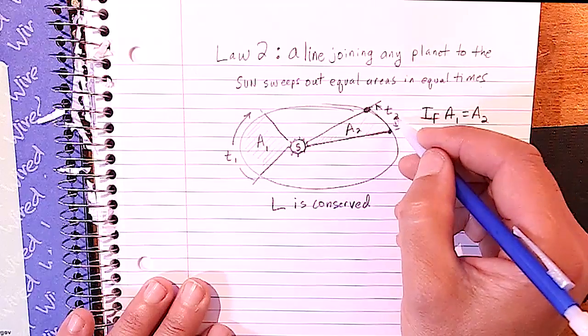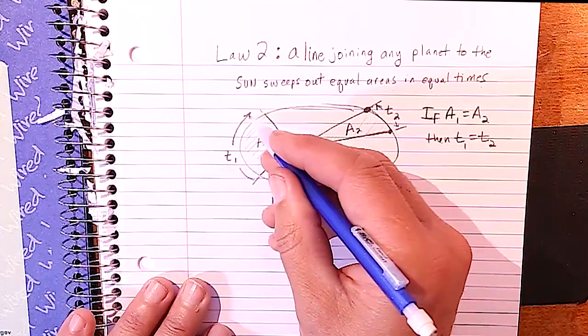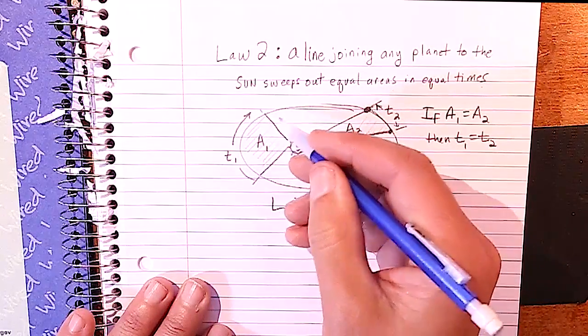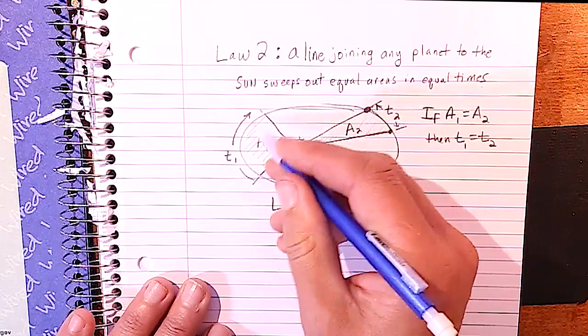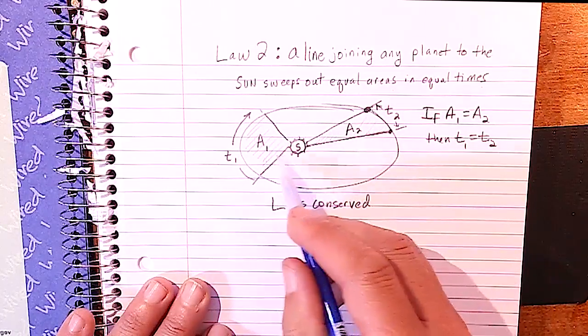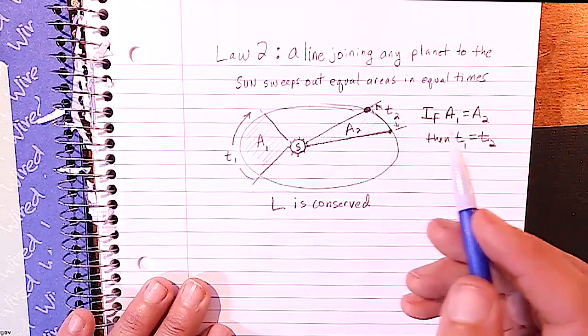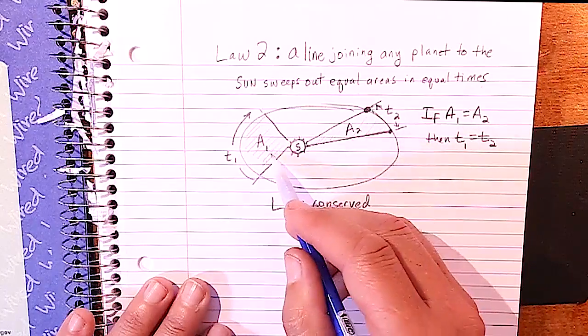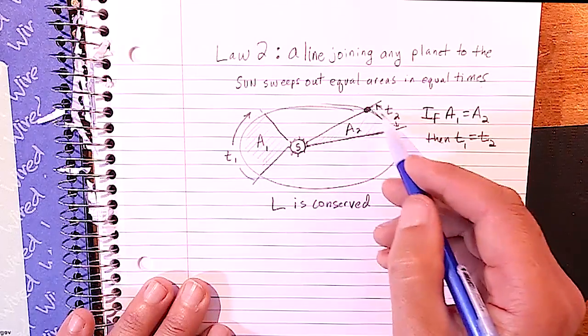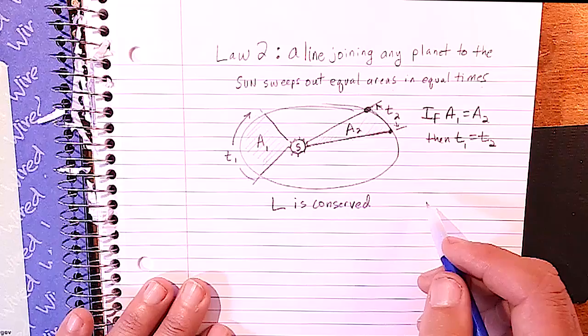Well, if this time equals the time for another planet, or the same planet, to sweep out the area down here, then these areas have to be equal. Or the converse is true: if the areas are equal, then the times it swings out have to also be equal.